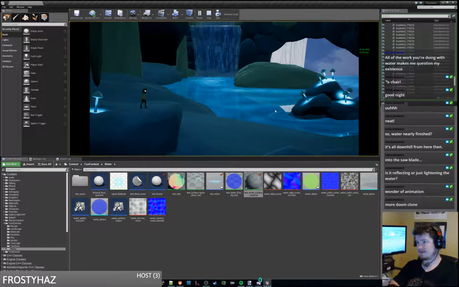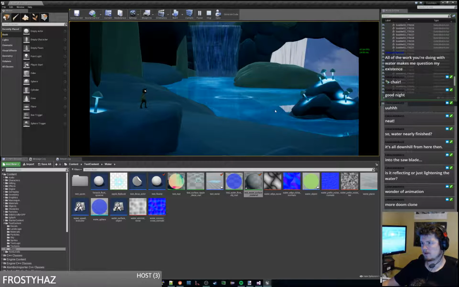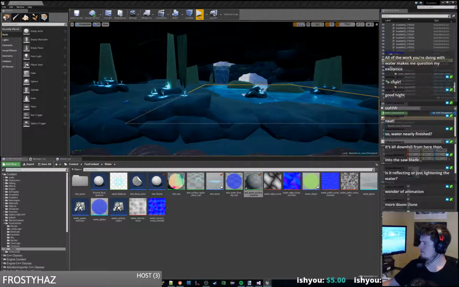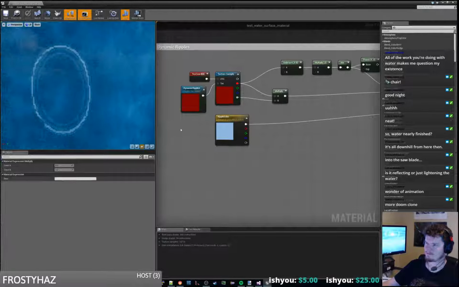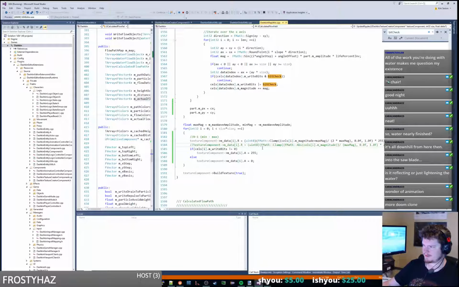And it doesn't actually fade out properly. Why doesn't it fade out properly? Because it's not at 0.5.